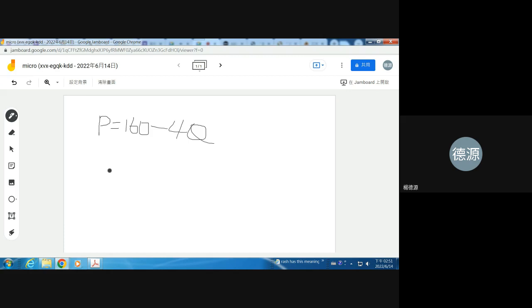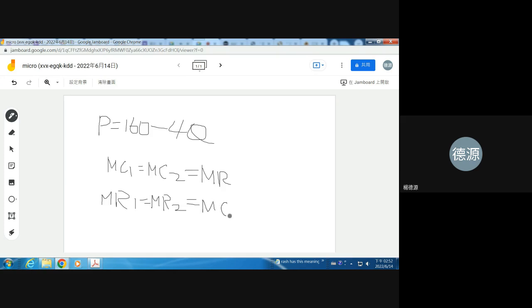Remember that when we talked about a monopolist firm with two factories, you would have MC1 equal MC2 equal to MR. Now the story is that we have two markets, so you have MR1 equal to MR2 equal to MC.